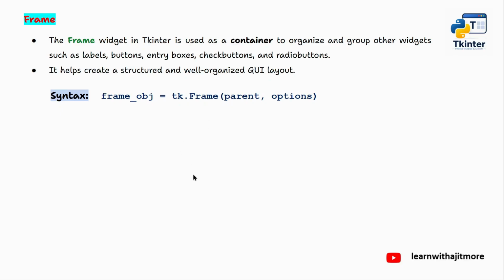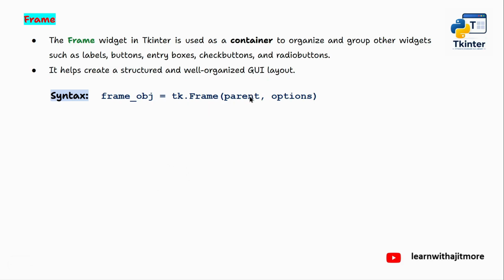And whatever widgets you create and add in this frame, for those widgets, frame will be the parent. Like in one frame I created three labels, three text boxes. So for all of them, frame will be the parent. Getting? Then again, those five, six buttons that I'll put in the second frame, for those five, six buttons, the second frame will be the parent.